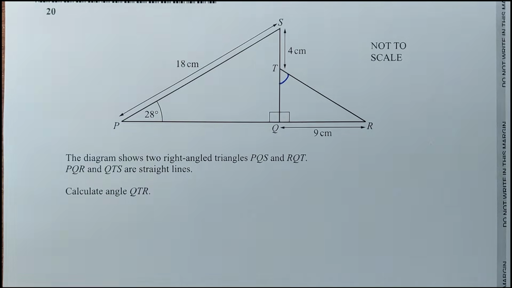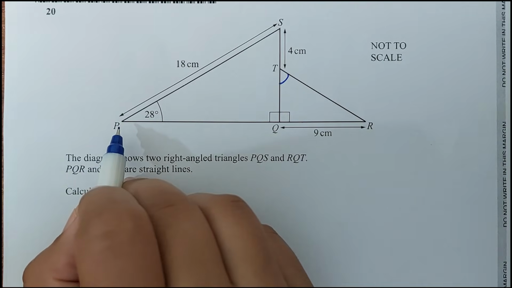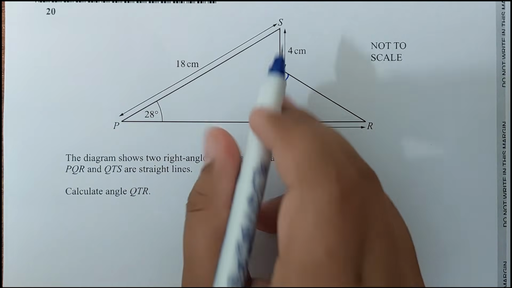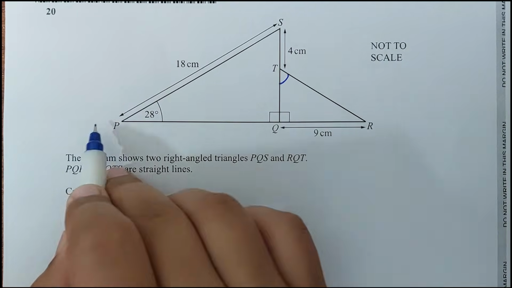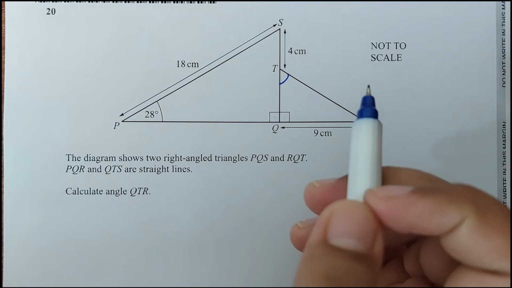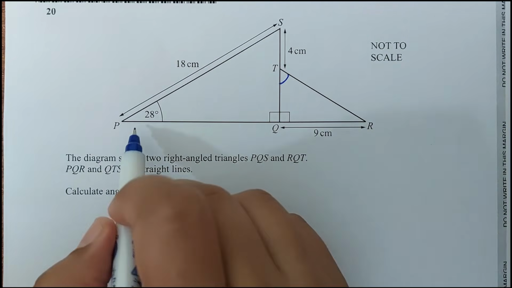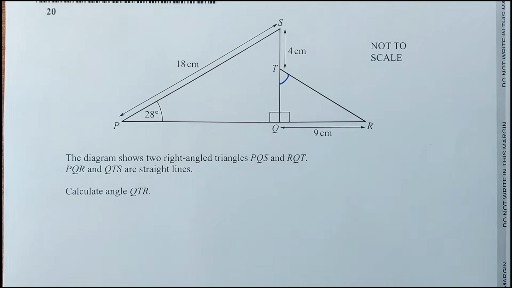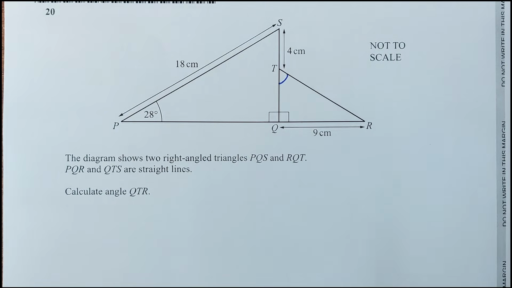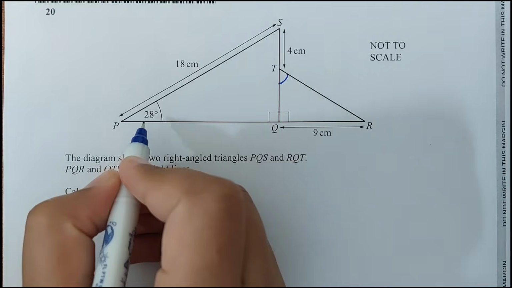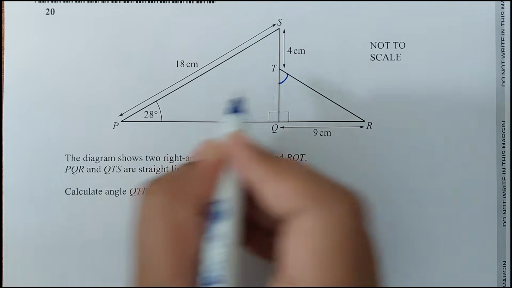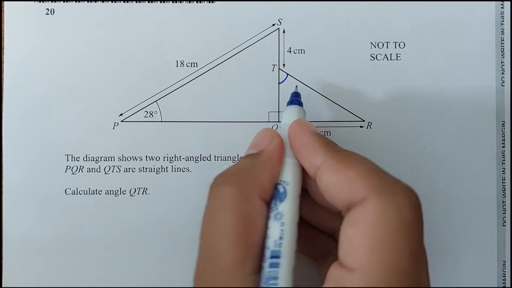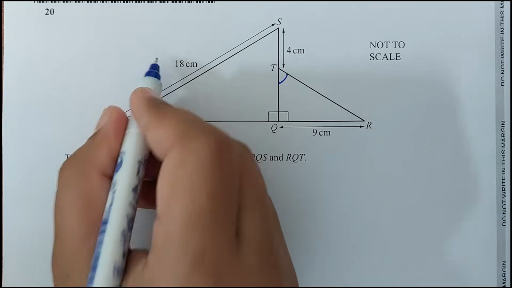Let's see. If we consider this triangle first, P, Q, and S, we have just one side and we have one angle, since it is a right angle triangle. Its front side is opposite, and this is the hypotenuse.